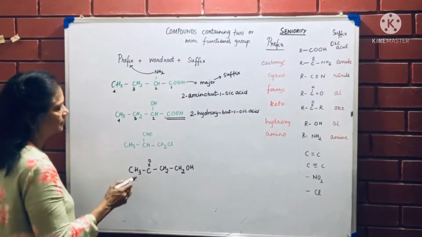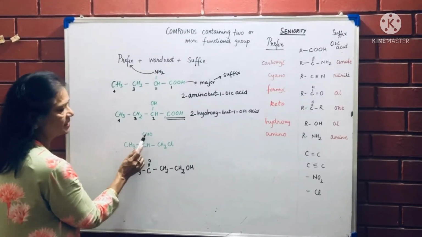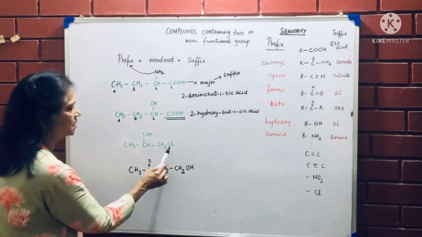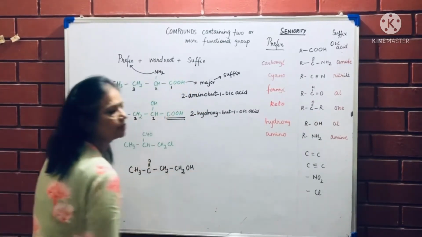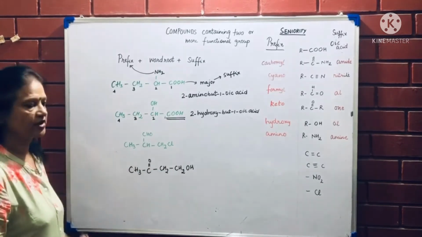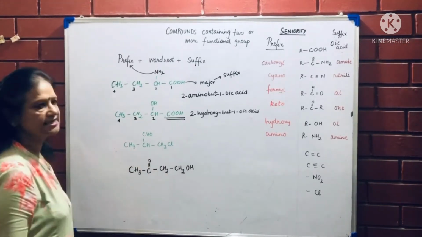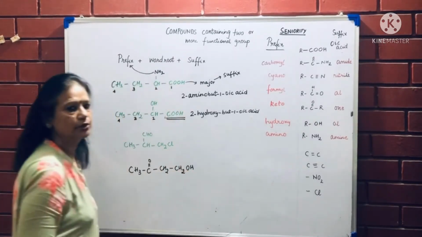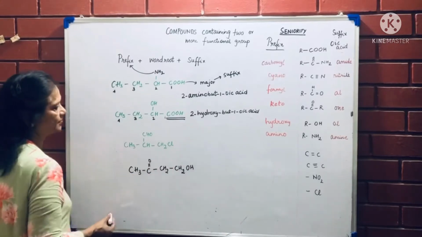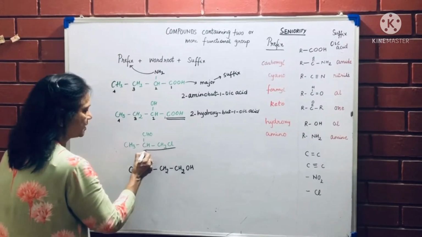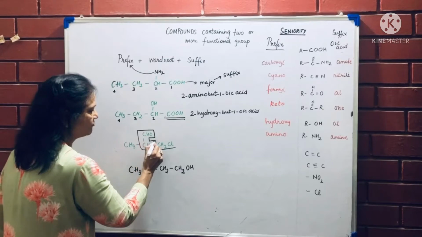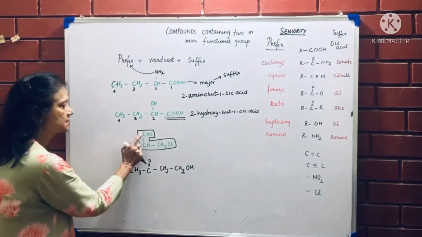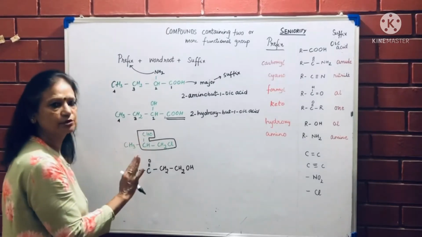Now in this compound, the functional group is CHO, which is the major functional group. CHO is al. The other part is Cl, which is much below, so it is the minor functional group and will be taken as the prefix. These always come as the prefix, I had told you earlier. I'll have to take this chain because I have to include the CHO group inside the chain. The carbon atom in CHO will also be counted.